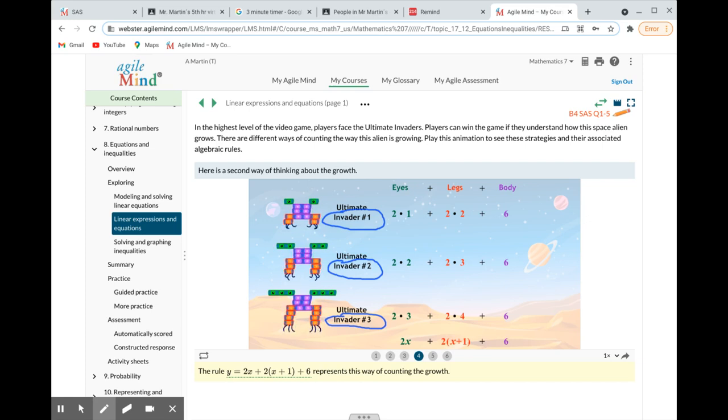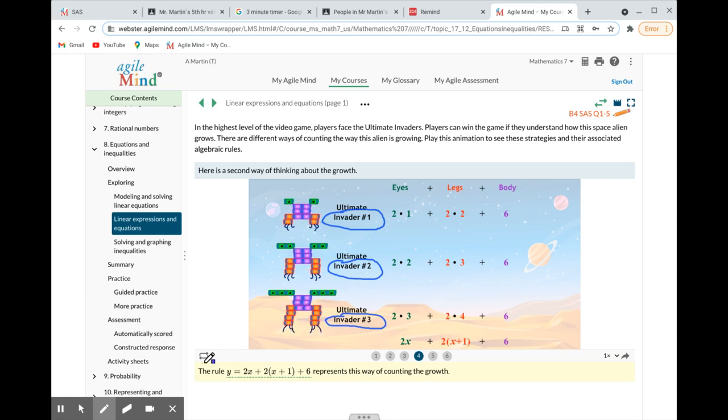We know that invader number 1 has 2 legs on one side, so 2 times 2 would be 4. Or I guess we should say squares, not legs. But then on invader 2, he has 3 squares on one leg, so we multiply it by 2 because he has 2 legs, right? And then the same thing happens for invader 3 and so on.